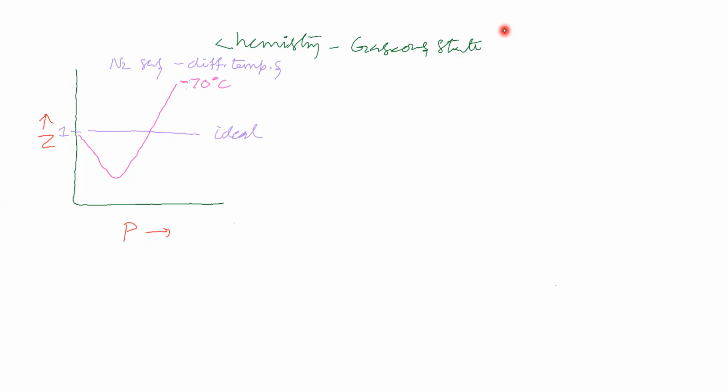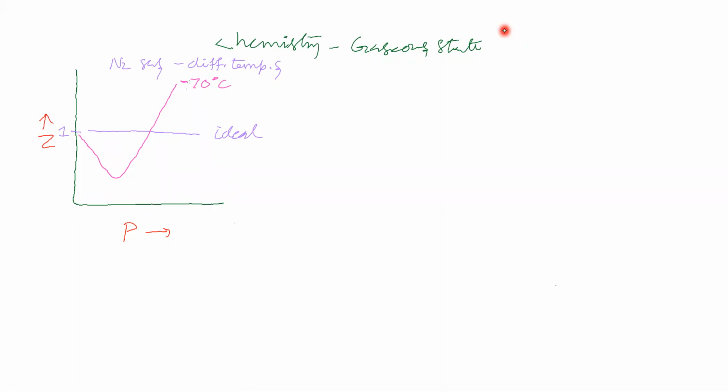Pressure is variable, which means the volume term is automatically varying also. So the constants are number of moles and temperature. The compressibility factor goes on changing on varying the pressure. At this temperature, nitrogen gas shows both negative deviation as well as positive deviation.